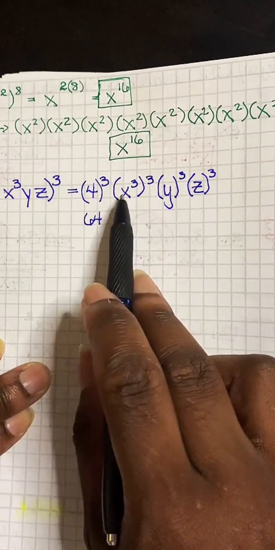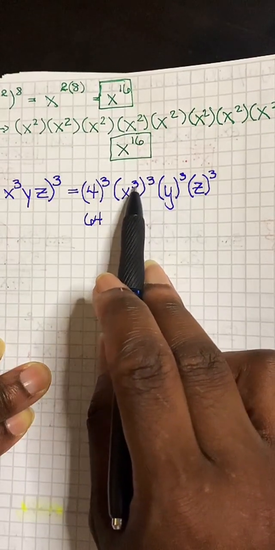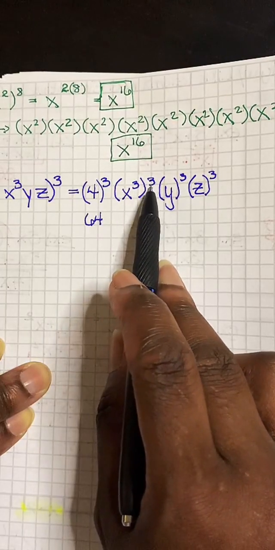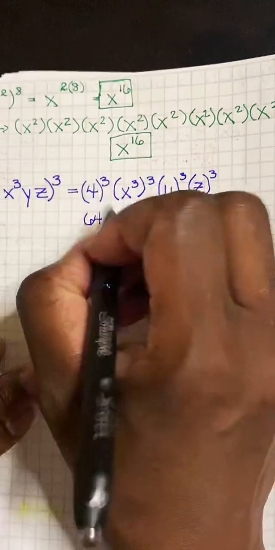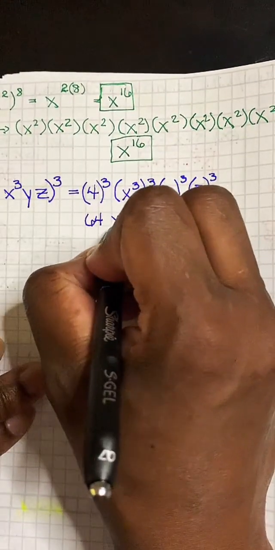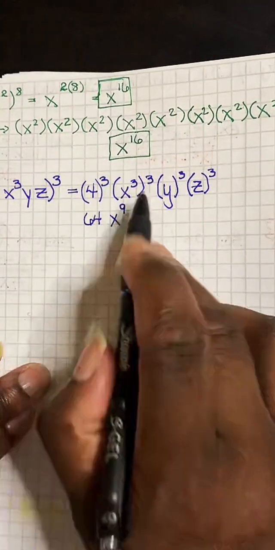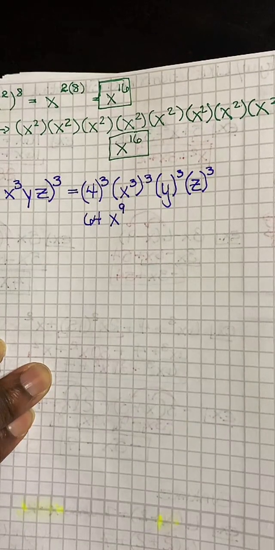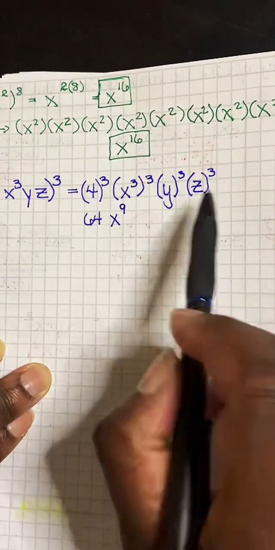So now we have x to the 3rd raised to the 3rd. When I see an exponent, a parenthesis, and an exponent, that means I'm going to multiply the exponents. So that will give me x raised to the 9th, because 3 times 3 gives me 9. Okay. Good. So now we go to the y.